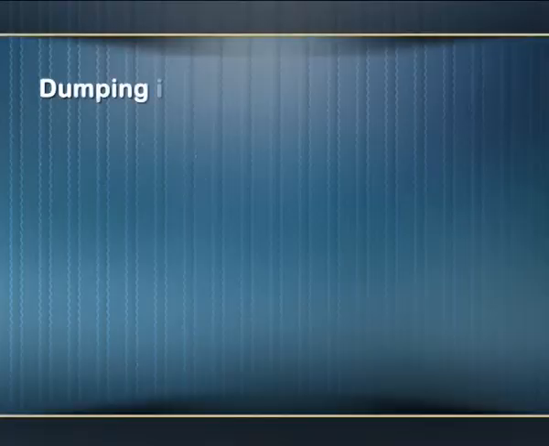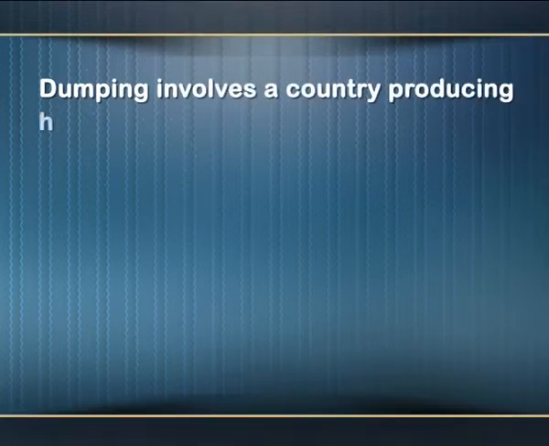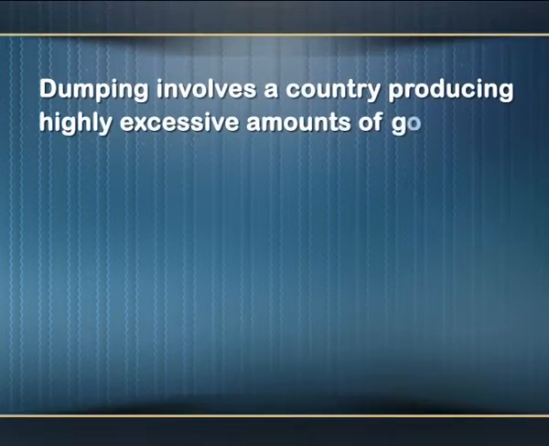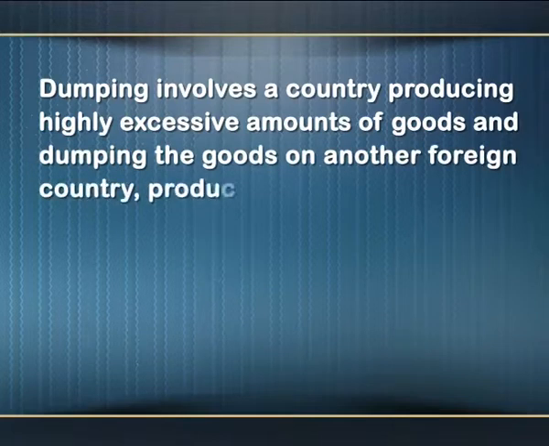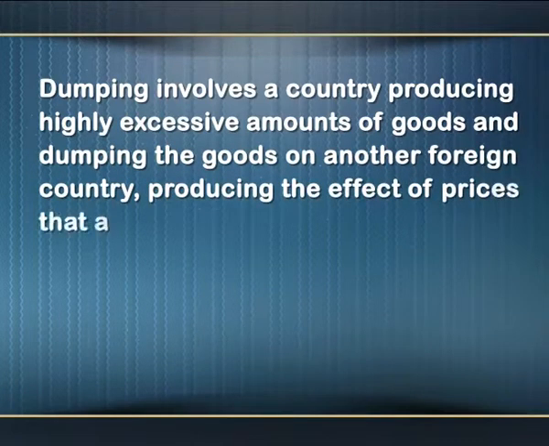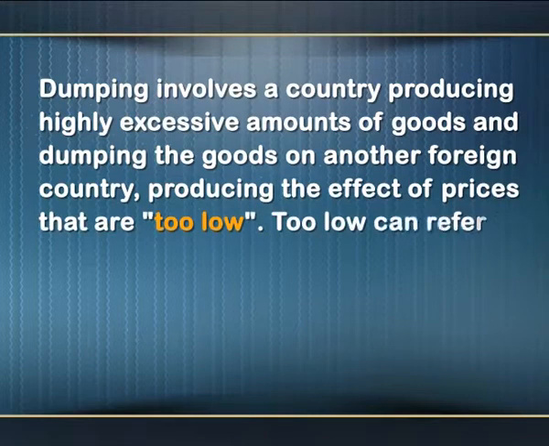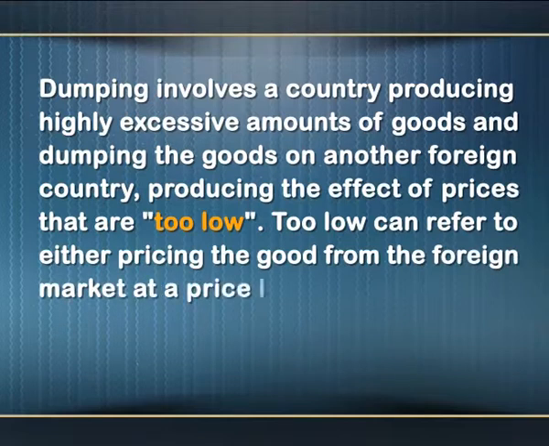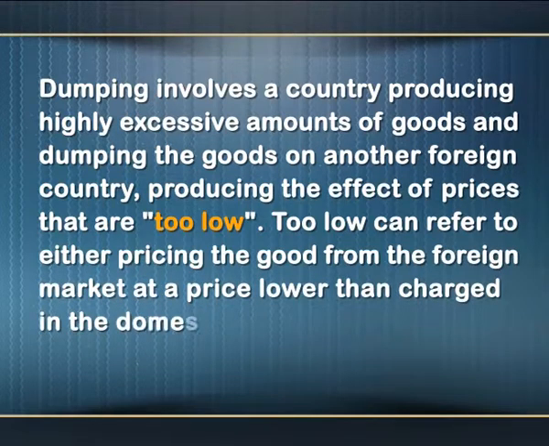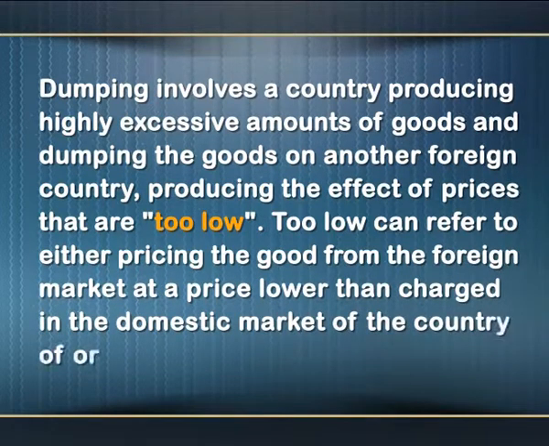The third reason for a tariff involves addressing the issue of dumping. Dumping involves a country producing excessive amounts of goods and dumping the goods on another foreign country, producing the effect of prices that are too low. Too low can refer to pricing the good in the foreign market at a price lower than that charged in the domestic market of the country of origin.